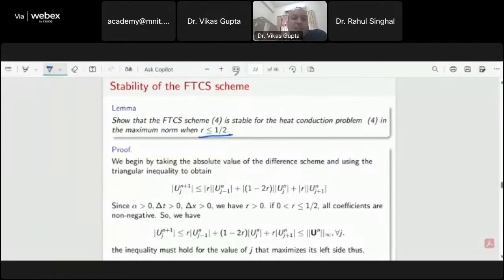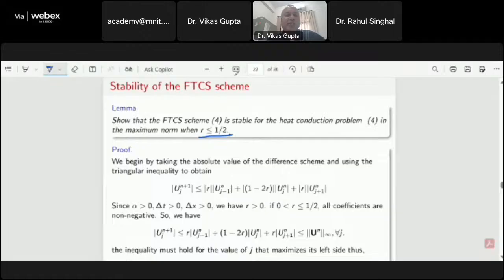This restriction must be satisfied by the FTCS scheme for stability, and it also leads to a severe restriction on the step size in the time direction. Delta t should be of order delta x squared due to this restriction.